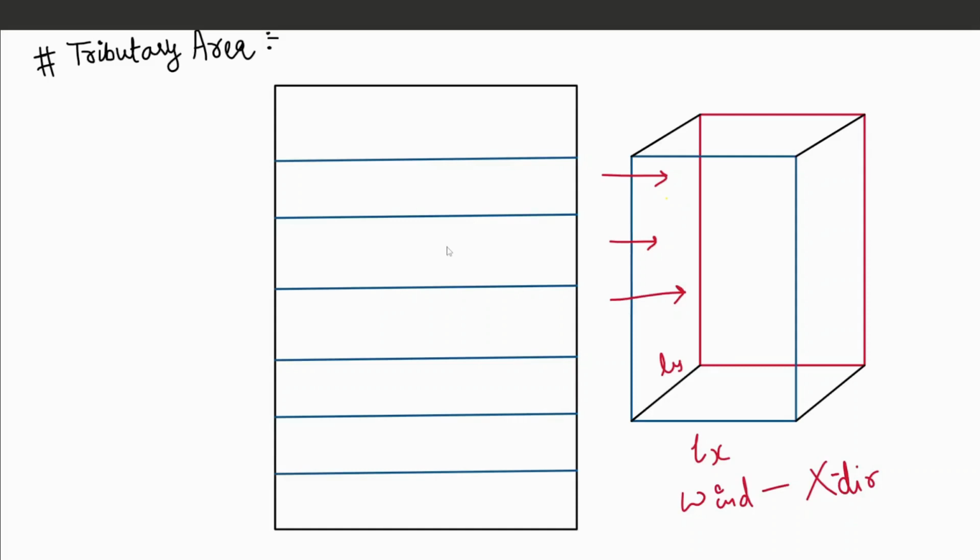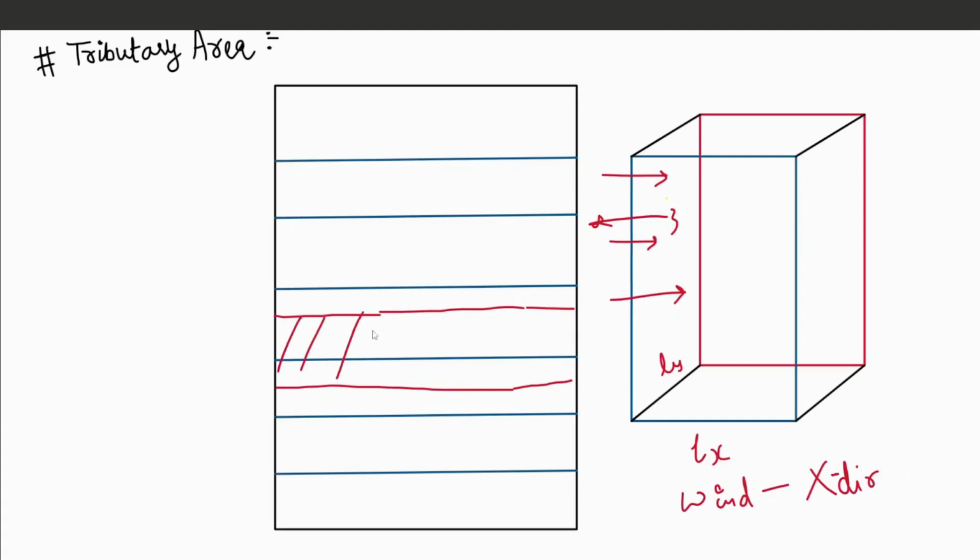I'm taking this face over here. So the tributary area will be based on the center to center distance. So this is your center to center distance.